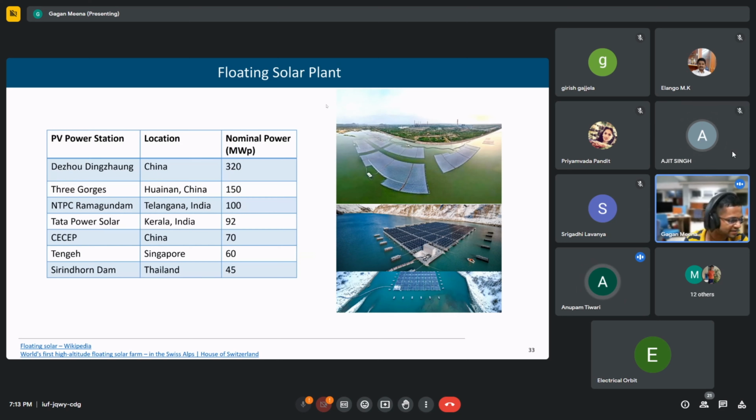Second, the water evaporation. Yeah, that is true. That is an advantage for the water body, but what will be the advantage for the solar cell? What is the advantage of the solar plant being developed on a water body? From the point of view of the solar plant, what is the advantage?